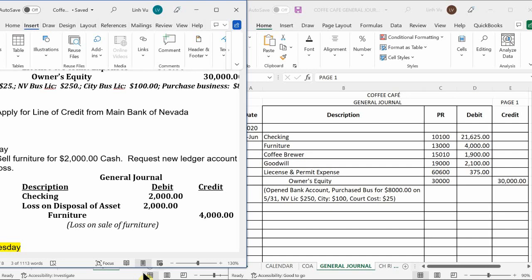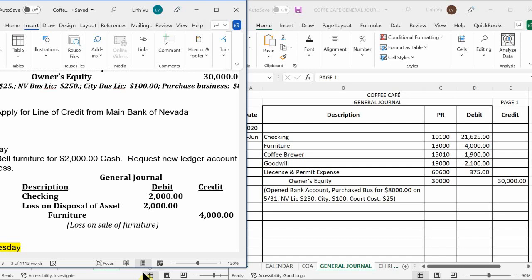Now in this case, even though I end up getting money, I still have to assume that I only got $2,000 out of this furniture. But how much was my furniture actually worth when I originally bought it? It was worth $4,000.